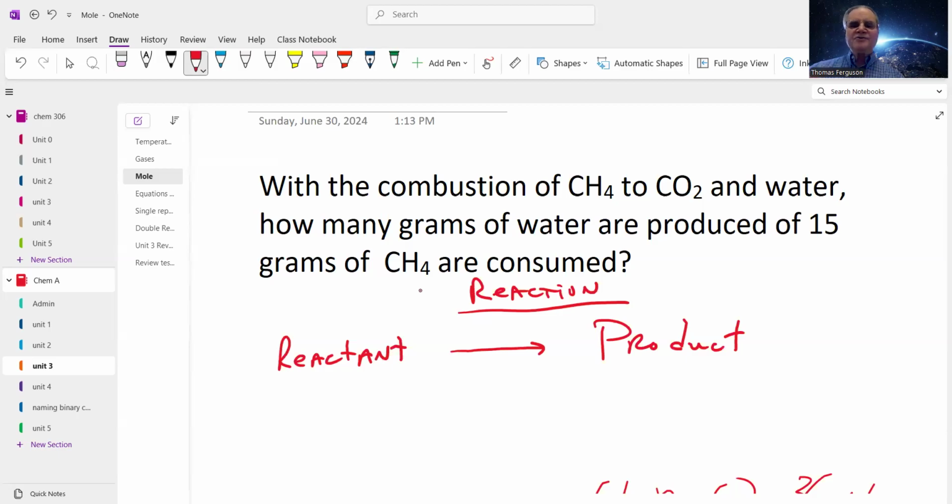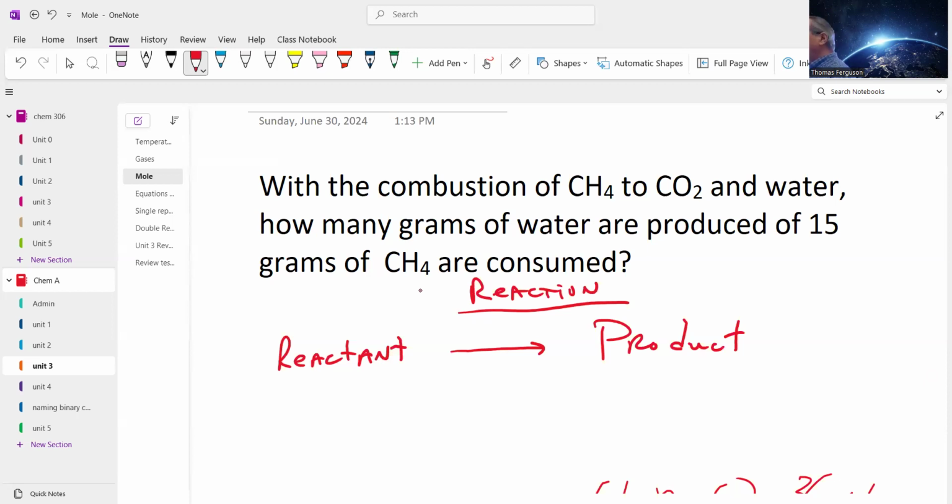Well, it says with the combustion of CH4. CH4 is methane. That's typically what comes out of your natural gas outlet. Okay, and then we burn it.